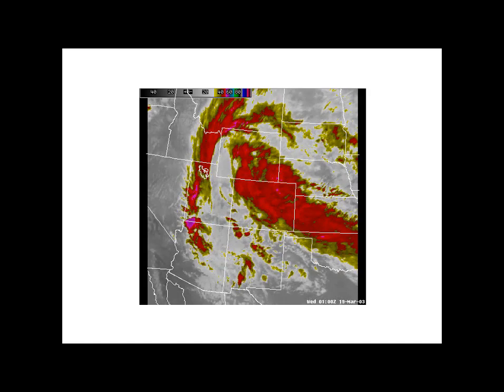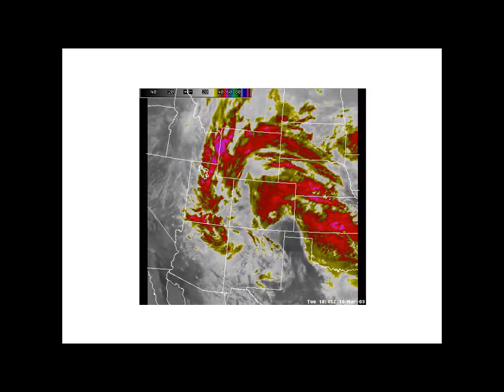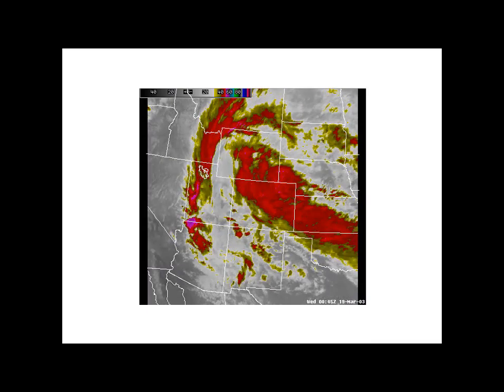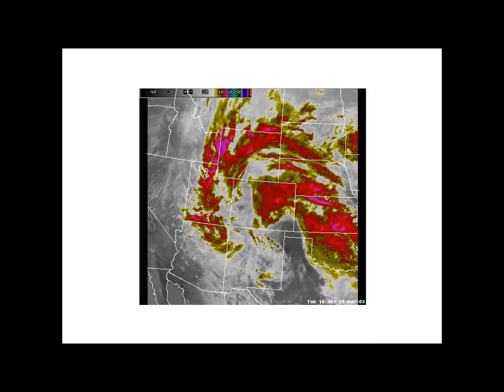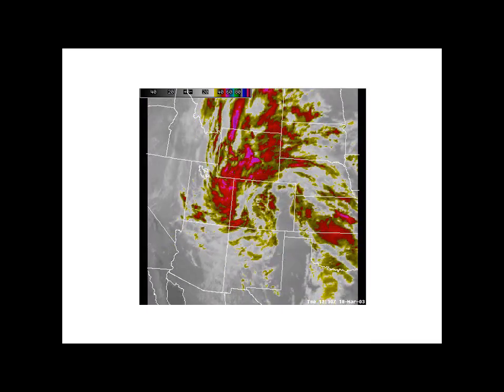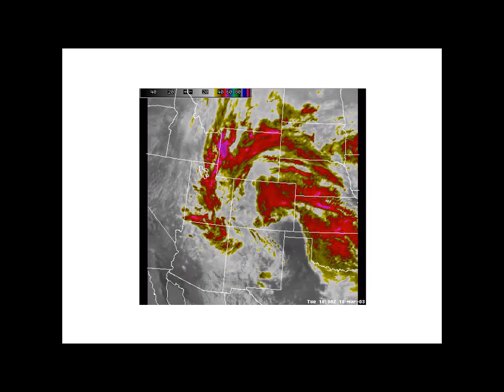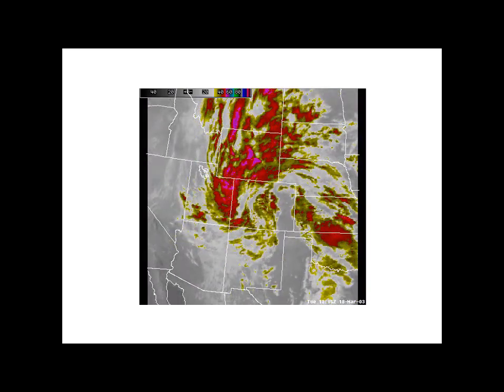The intensified warm conveyor belt moved into northern Colorado during this period, leading to a long duration of heavy snowfall starting around 19:30Z on the 18th and continuing through the early morning hours of the 19th. The key in this case was holding the low in place and allowing heavy snow to begin again and continue for an additional 24 hours.